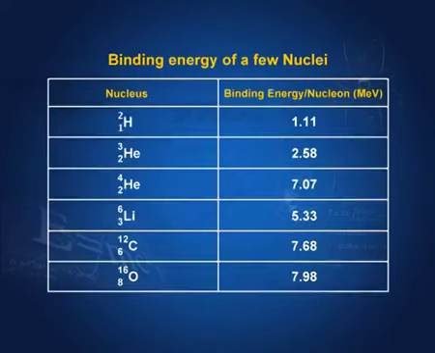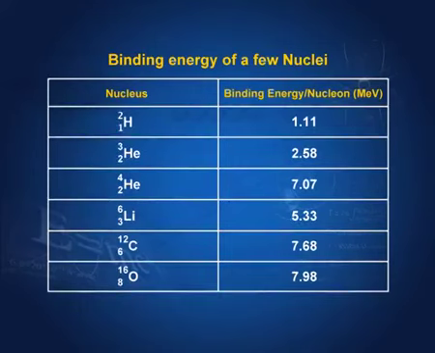Here we have got deuterium, an isotope of hydrogen, and its binding energy is 1.11 MeV per nucleon. Here we have got helium 3, whose binding energy is 2.58 MeV per nucleon, helium 4, whose binding energy is 7.07 MeV per nucleon, and similarly lithium, carbon and oxygen, their binding energy per nucleon is given.